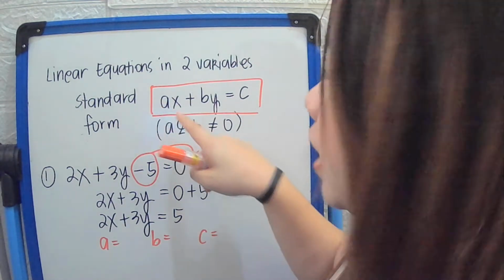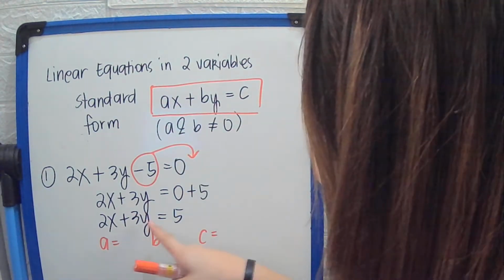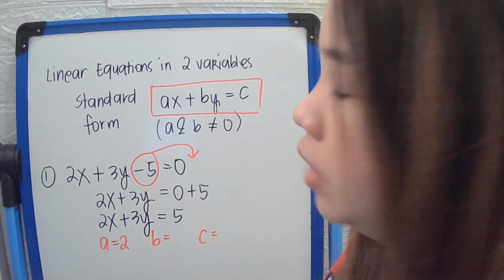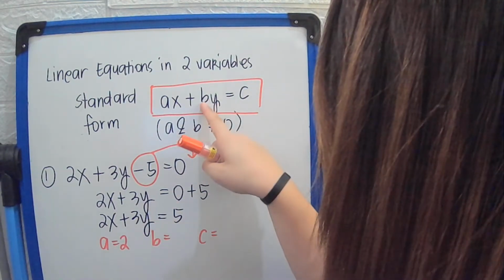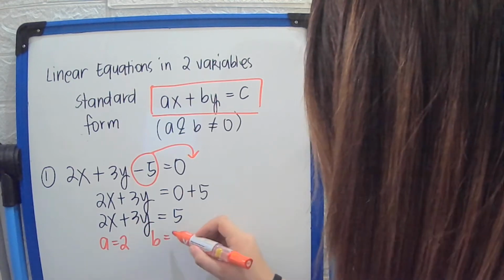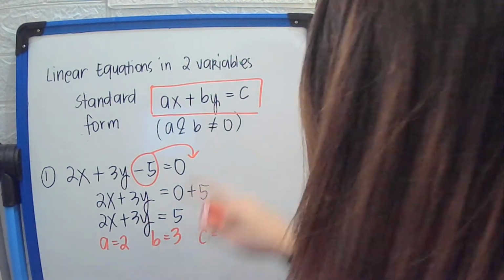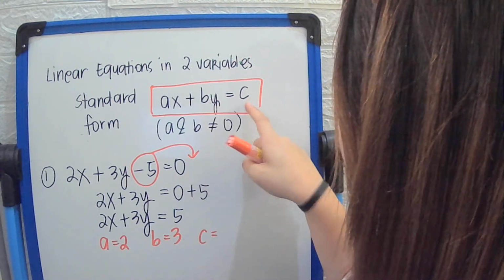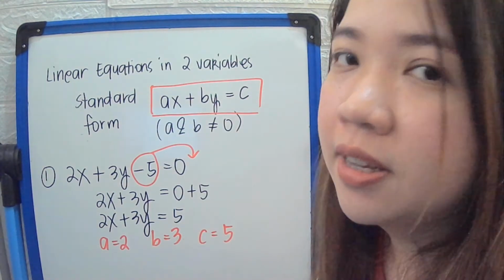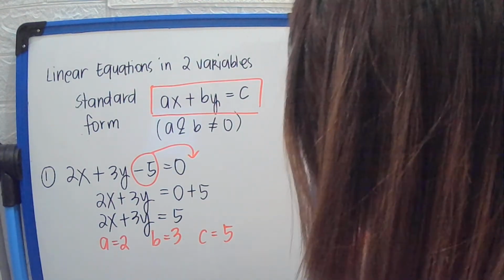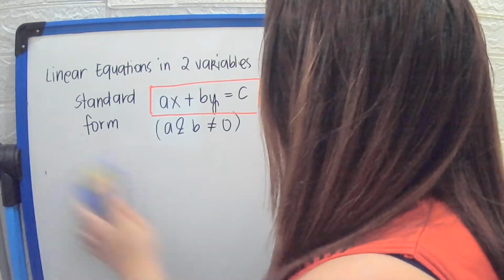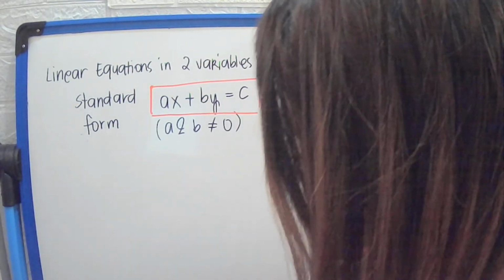So, si A yung may katabing X. So, hanapin mo dyan yung may X. So, the number before X is what we call the value for A. Then, si B yung may katabing Y. So, ito yung Y. So, yung katabing number ni Y, siya yung B. Tapos, si C yung constant or yung walang variable. So, ito siya. So, that will be 5. Okay. Now, let us have another example. Ganun lang po kadali. Lipat-lipat lang.